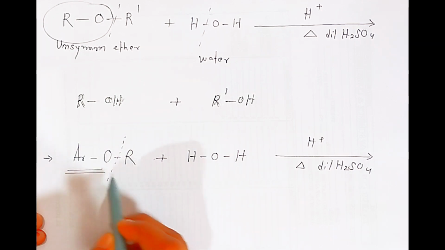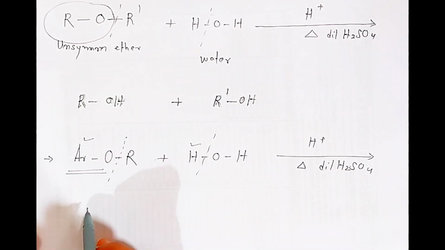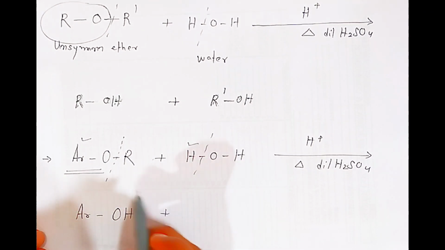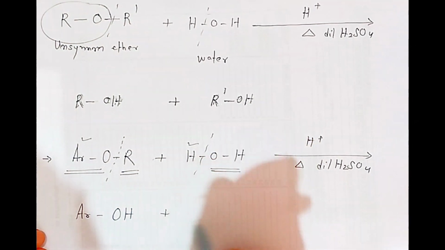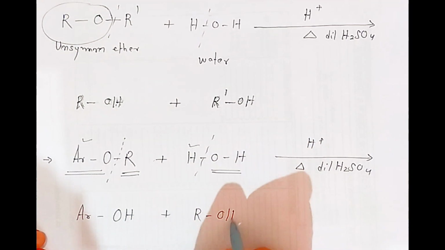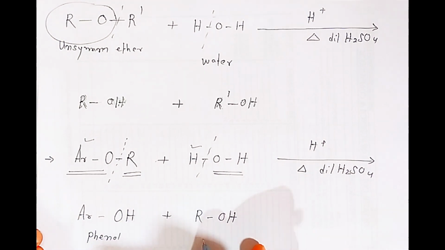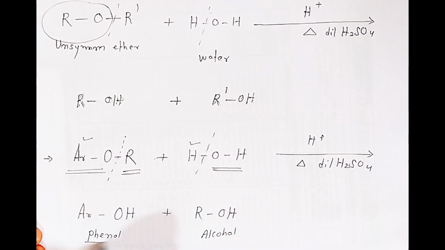The phenoxide of the ether now reacts with this hydrogen, and it will form phenol. And this alkyl of the ether reacts with the hydroxyl of the water molecule and forms ROH. So this way, students, you have got a mixture of alcohol and phenol. This is the reaction we have seen: action of acidic water on ether.